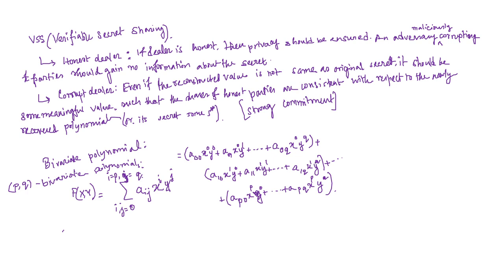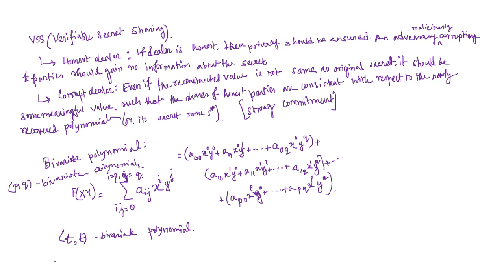Usually for supporting verifiable secret sharing scheme, we will deal with a bivariate polynomial. Right? So in case of t out of n Shamir secret sharing, our univariate polynomial is of degree t.